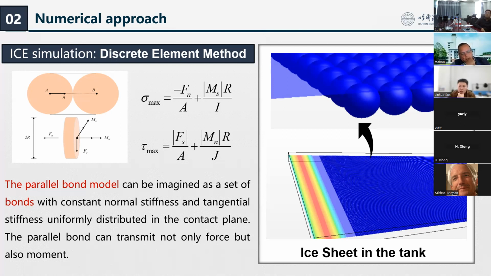These particles are bound by some keys, and these keys can not only transmit force but also transmit moment. And when these keys between particles are broken, in ice, it looks like ice has cracks. The ice is broken.